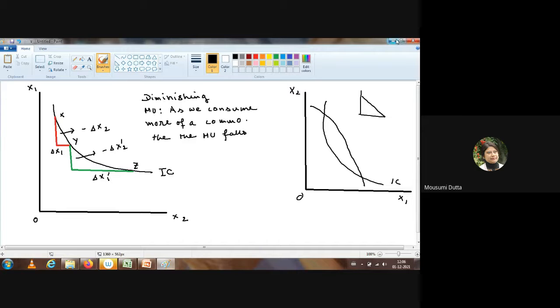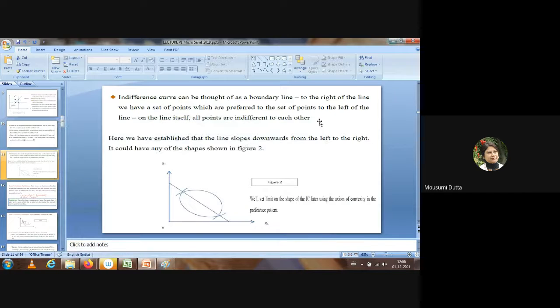At this moment, I am not telling about the curvature of the indifference curve. The curve may be like this, or like this. We will set a limit to the shape of the indifference curve using the axiom of convexity in the preference pattern later.